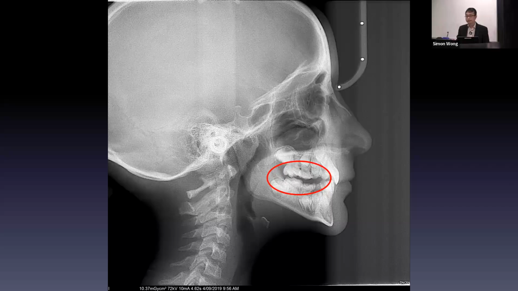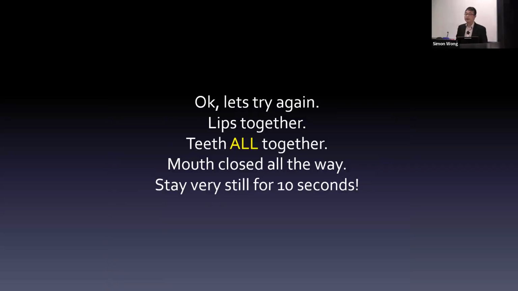What's this? And the molars touching? Okay, let's try again. Lips together, teeth all together at the back, mouth closed all the way. Stay very still. 10 seconds. I'll be back.